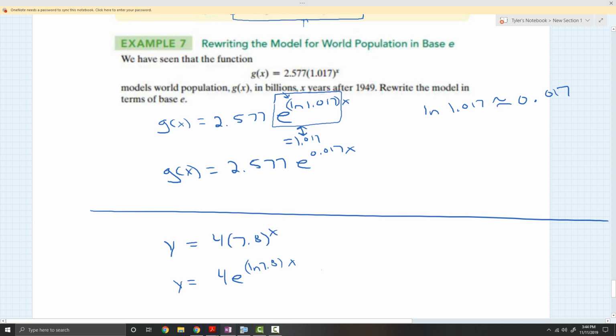The natural log of 7.8 is approximately 2.054. So if I plug that in, I'd have 4 times e to the 2.054 times x, right? So that would be the answer.